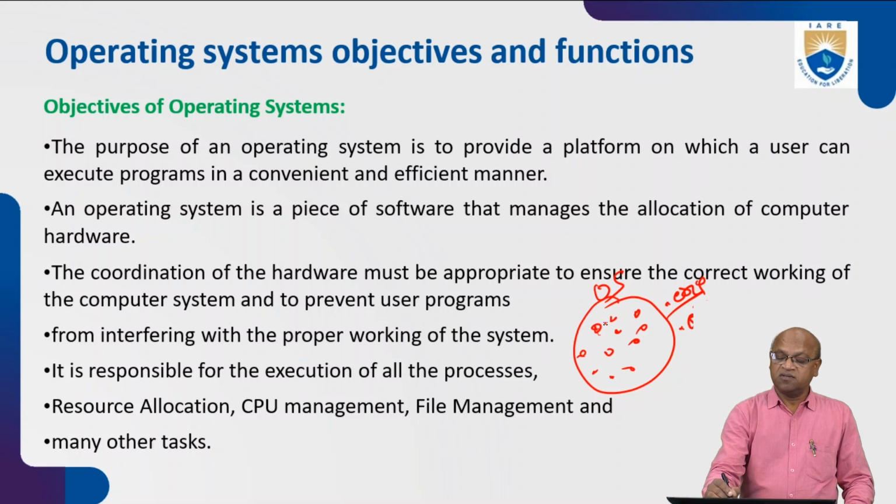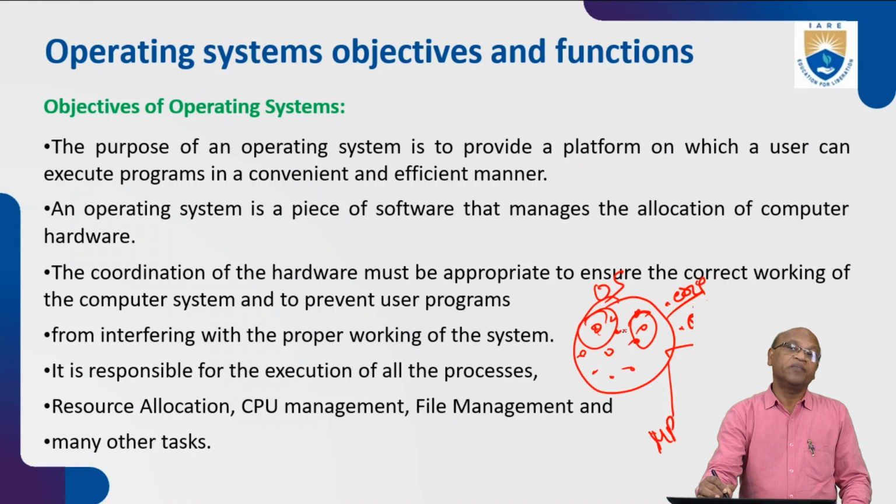Some of these programs will do some job for the user. Suppose we write a program, either a Java program, C program or Python program. This program is executed by the OS through your hardware, the microprocessor. So the OS is a program, but in compiled form, that is .exe files.